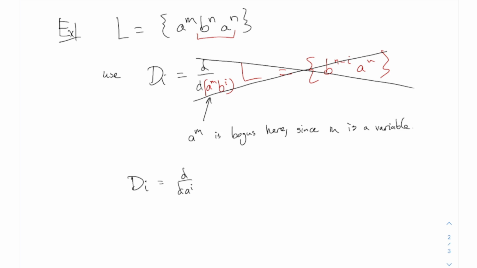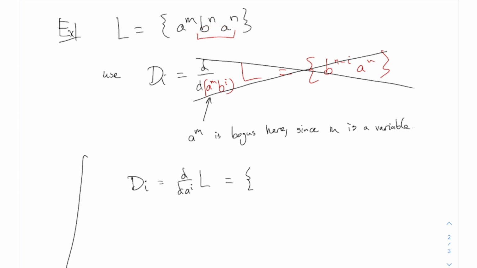I hadn't expected somebody to say this. So what would you get? I think that this is going to be wrong, but what would you get for the derivative if you did the derivative with respect to a to the i? This a to the m could be anything, so it's going to cancel some of these a's, and some will remain, or maybe you cancel all of them and then you'll get nothing left over.